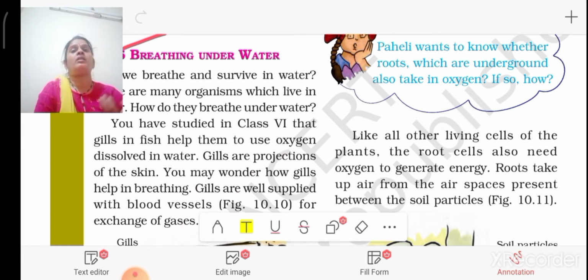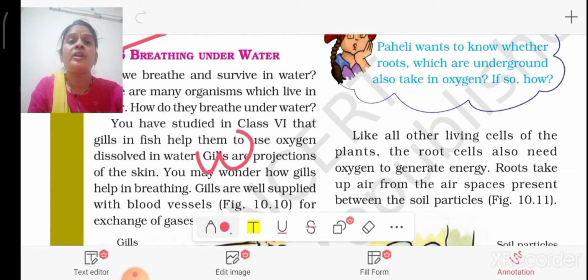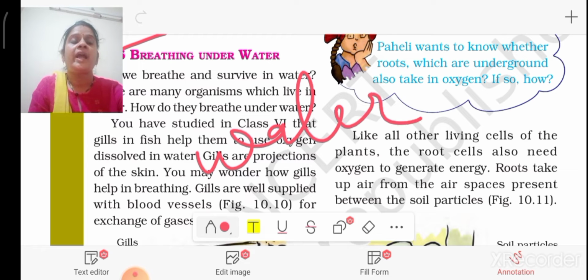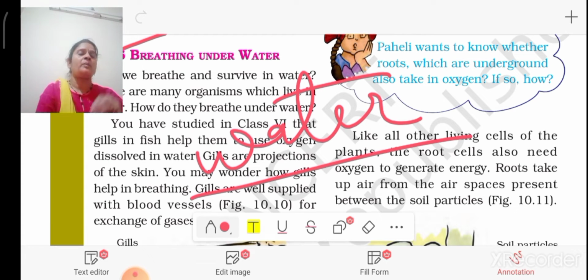So from where should they take the oxygen? They should take the oxygen which is present in the water itself. And we know oxygen and carbon dioxide gases can be dissolved in water as well.